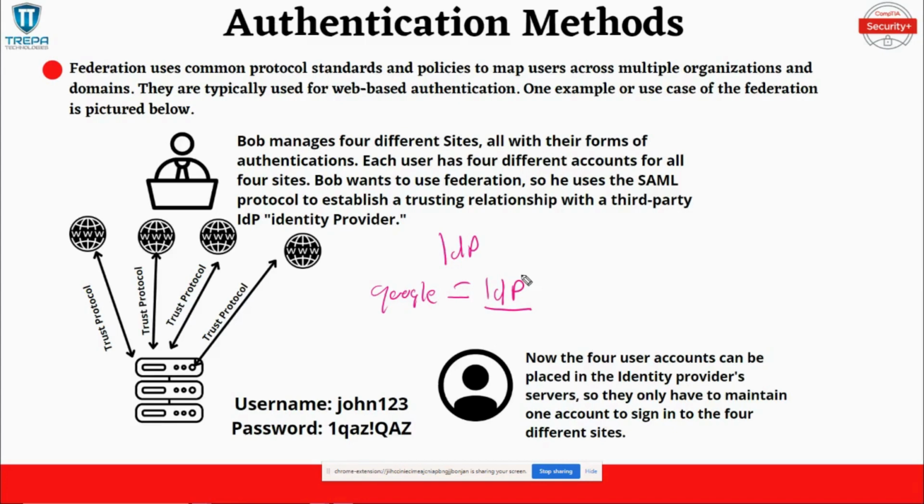We're going to deep dive into this a little more later on in the series, where we go over OpenID, OAuth, and SAML. These are different protocols that we use for federation. But federation as the concept just allows you to use identity providers. So that's the important thing to note on this section of the Sec Plus exam objectives.